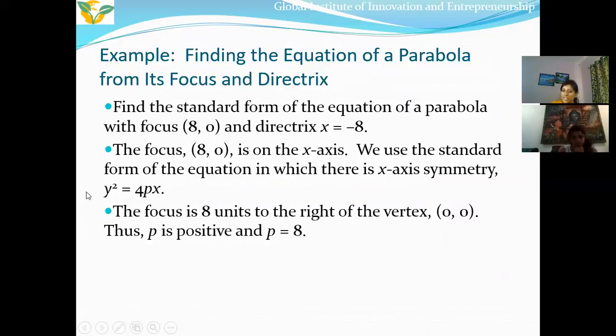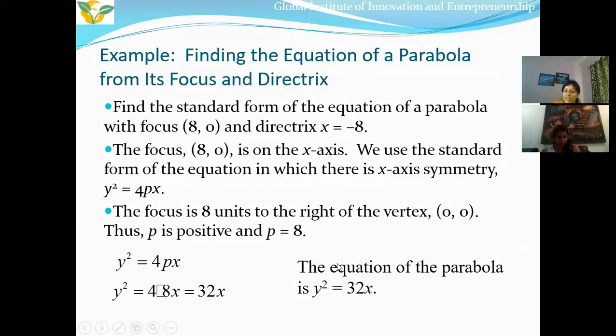So we can take the standard equation to be y square is equal to 4px. So focus is 8 units, so p is equal to 8. Next, y square is equal to 4px. Substituting the p value 8, 4 into 8 into x, we get 32x. So the equation of the parabola is y square is equal to 32x.